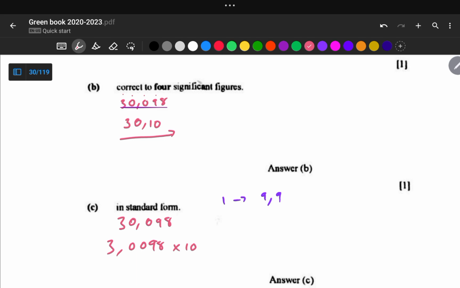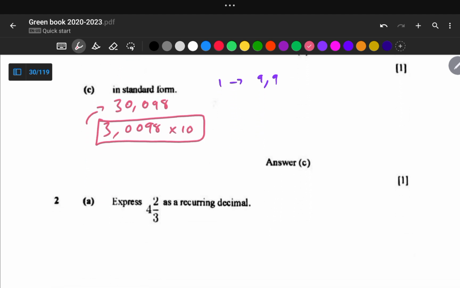We raise our 10 to the power 1, because if we multiply 10 by 3.0098, we return to this value here. So our answer in standard form is 3.0098 times 10. Okay, so here is our final answer.